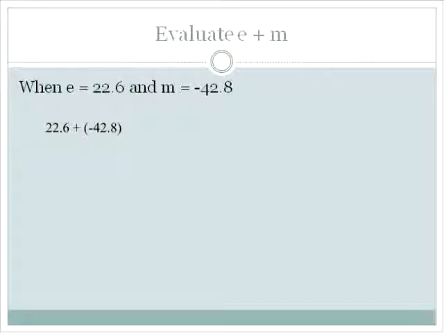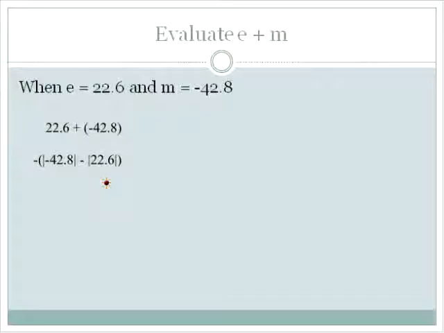So we're going to end up with a negative value, and we'll take the greater absolute value, which is negative 42.8, and we will subtract the smaller absolute value, which is 22.6, for our final result.